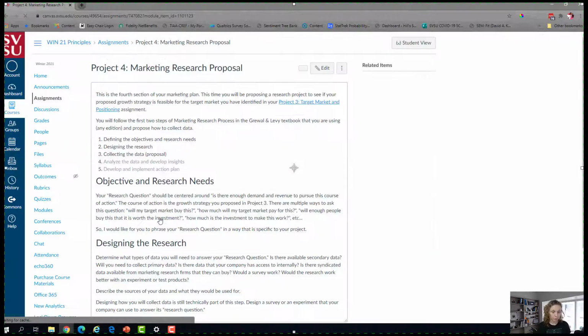And I'm going to have you go through some of these steps. Since we're not actually going to do the full research project, I'm only having you go through the first couple of steps. So you're going to do the first 2 steps, define your objectives and research needs, design the research, and then I'm going to ask you, and this is actually part of step 2, where would you propose getting the data to answer your question?